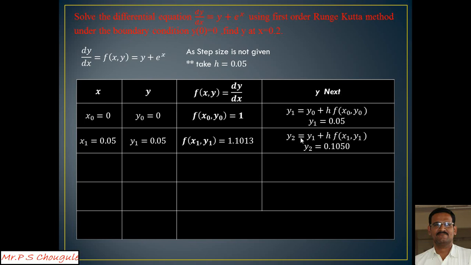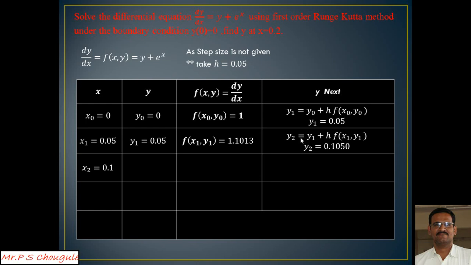Rewrite this equation, y2 is equal to y1 plus h into f of x1, y1. Again remember here, when you want to find the next value of y, we will take the previous values of y and x. So y2 is equal to 0.1050.